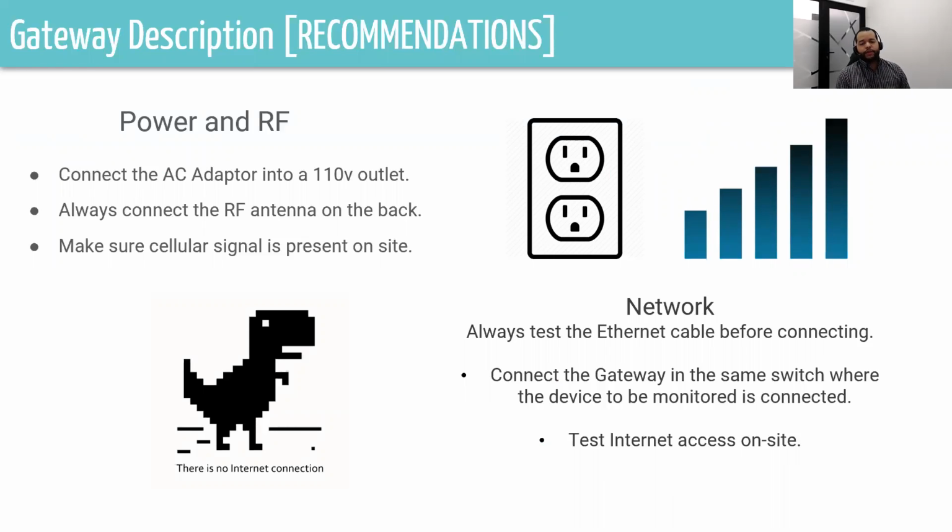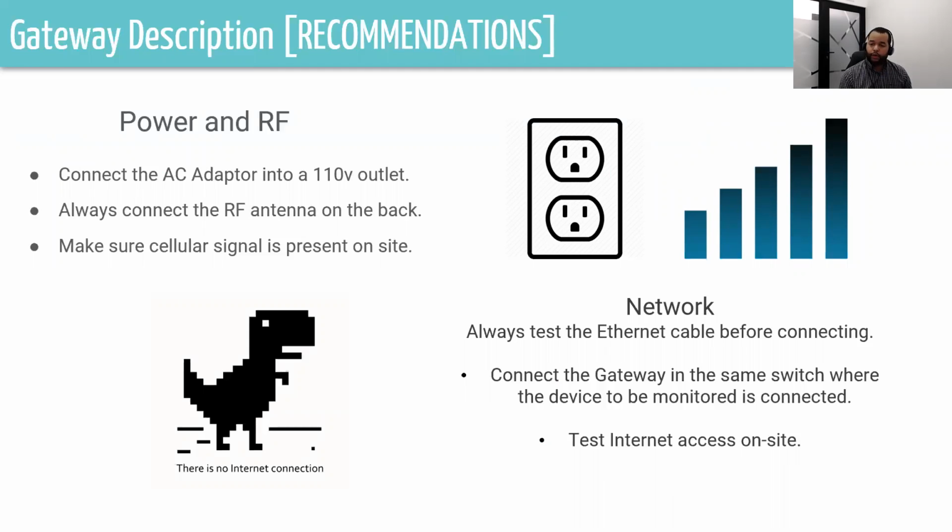And make sure you have cellular signal on the site. This is very important. We have had sites where we send the device, the technicians install it, and then they found out they don't have a strong signal on site and the connection keeps flapping or it's not getting connected at all because they were relying on that modem.